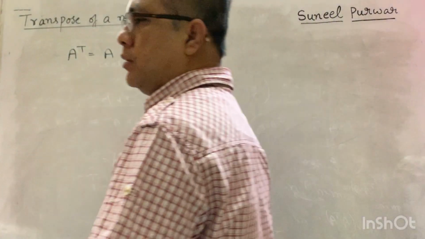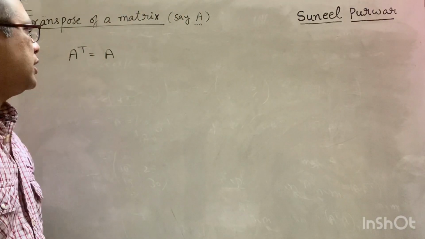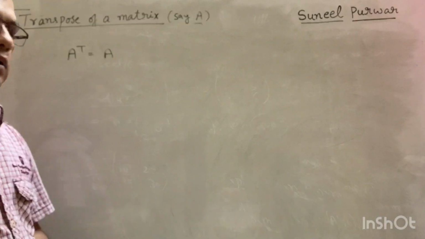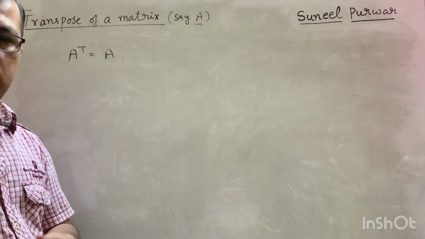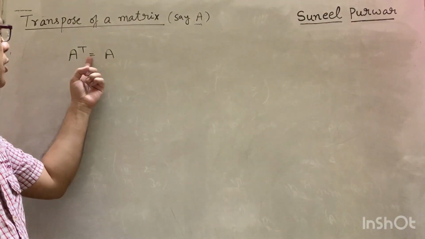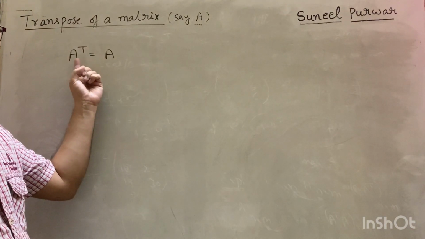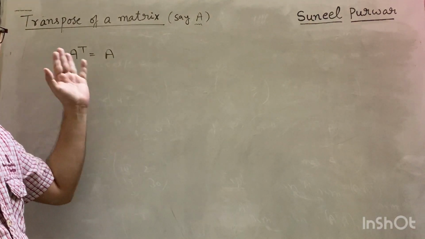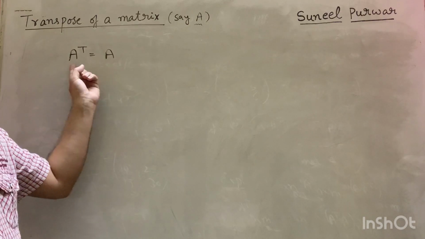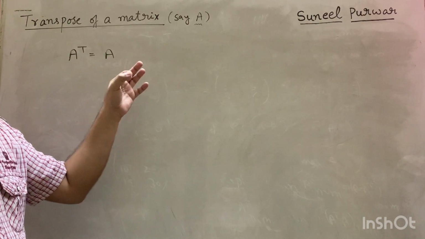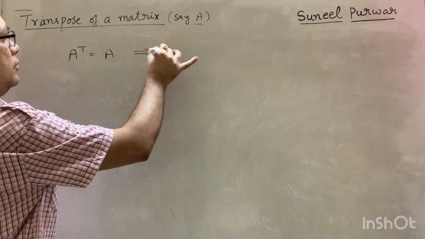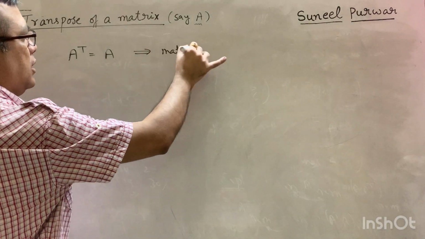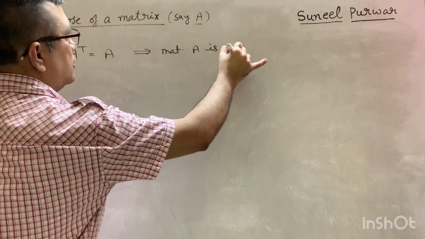Now, there can be some special type of matrices satisfying certain specific properties like this. There are such matrices available which are equal to their own transpose. So whenever this thing happens, the matrix is said to be symmetric matrix. Implies matrix A is symmetric.